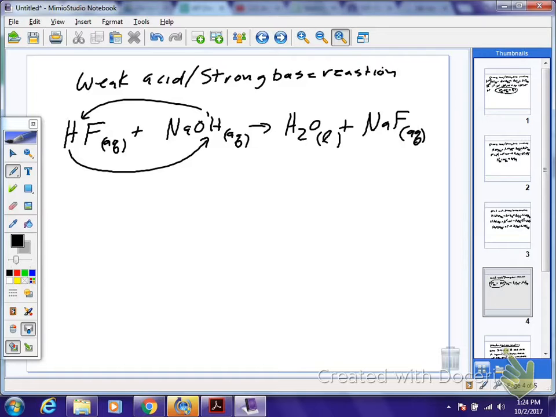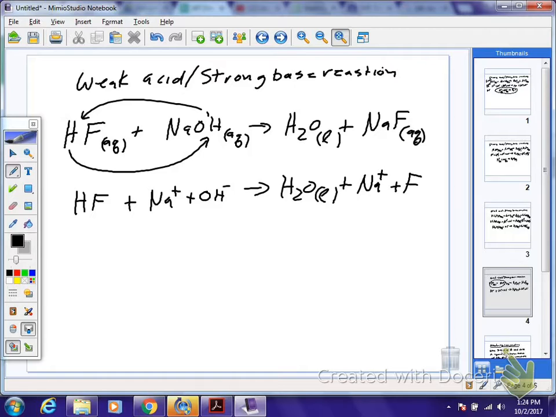But the HF, since it's weak, has to stay together, doesn't separate. The Na does, OH does. You get our H2O. Na is plus, and F is minus, because if we look on our solubility table, anything with Na in it is going to be extremely soluble.